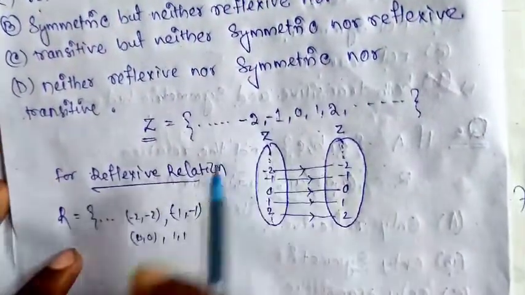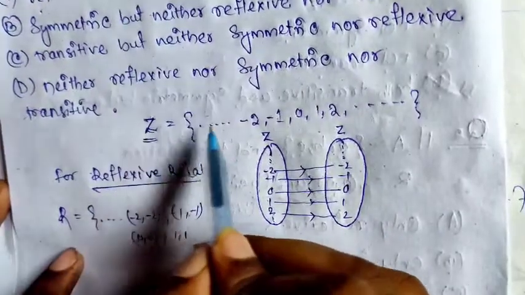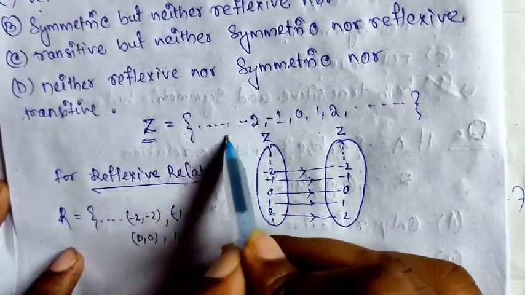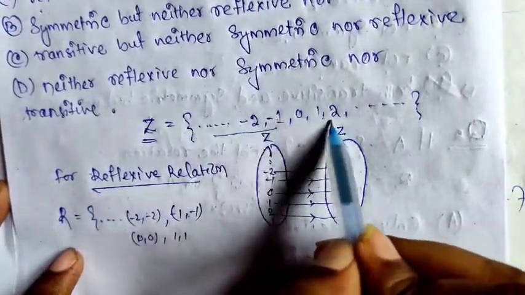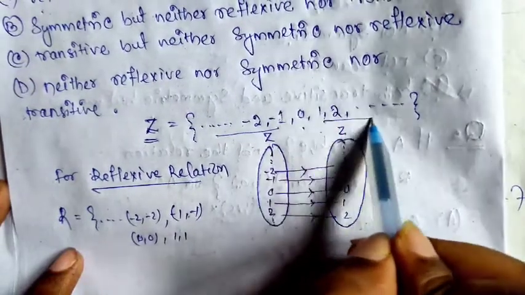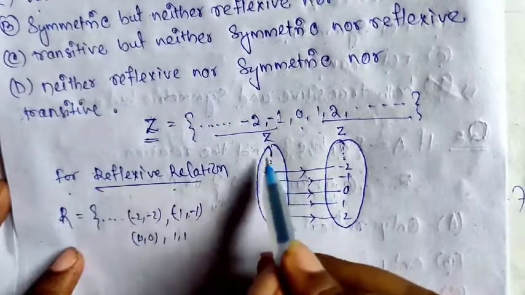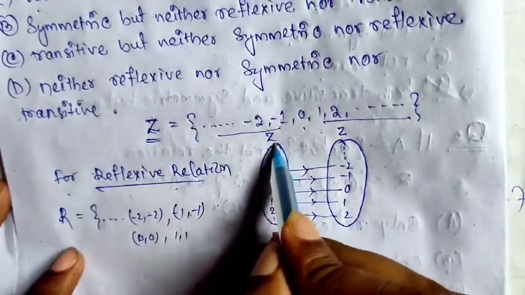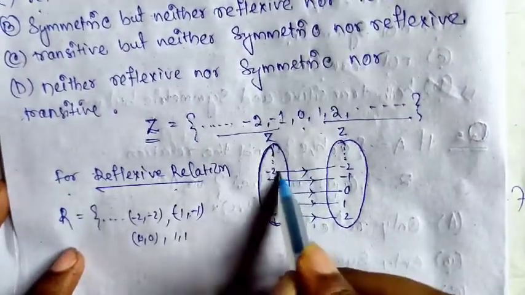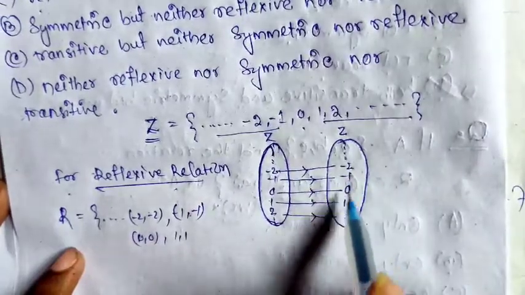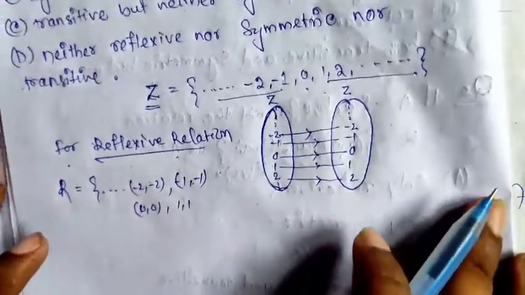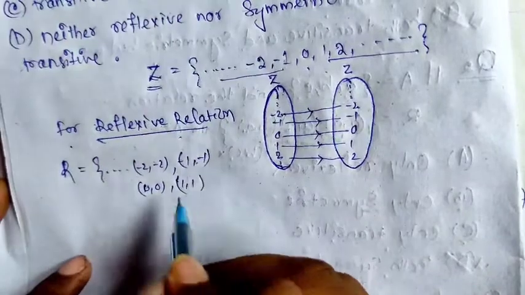If we consider set Z, its elements are all negative numbers, 0 and all positive numbers. For a reflexive relation we know that each element of set Z is mapped with itself, so the resulting ordered pairs are like that.